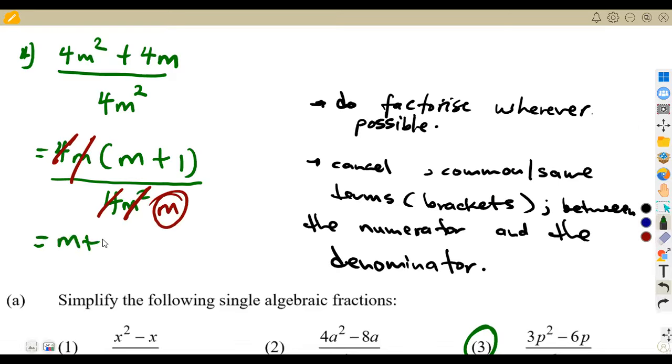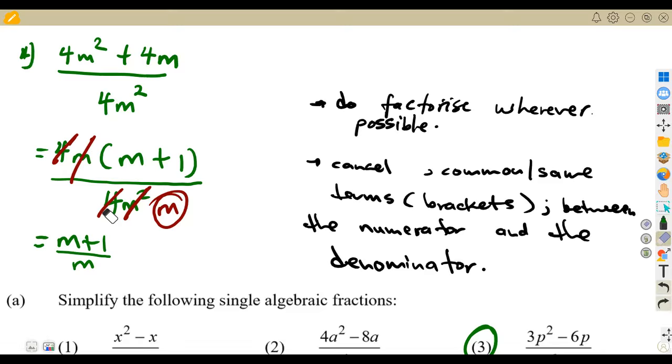So you have m plus 1 all over m, just like that. You can leave your answer like that. Yes, you can separate it into m over m plus 1 over m, then you get 1 plus 1 over m, but you can leave it as a single fraction because the question says single fraction. Do not confuse yourself in the exam.